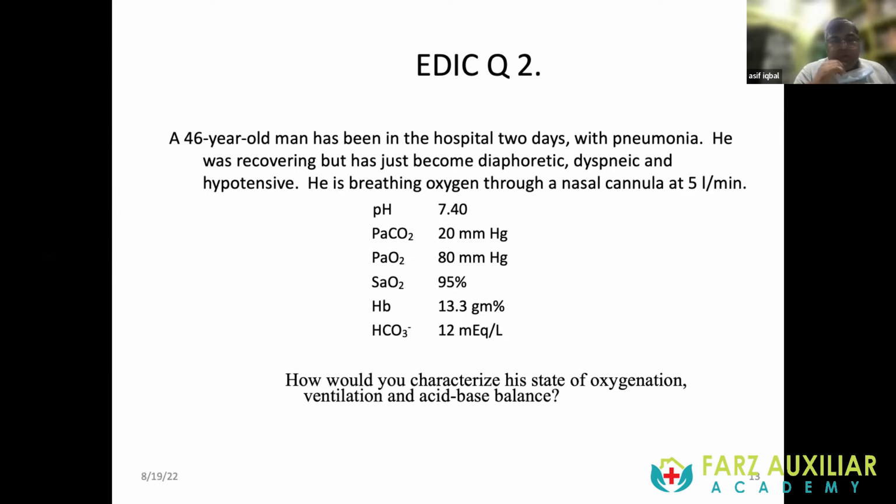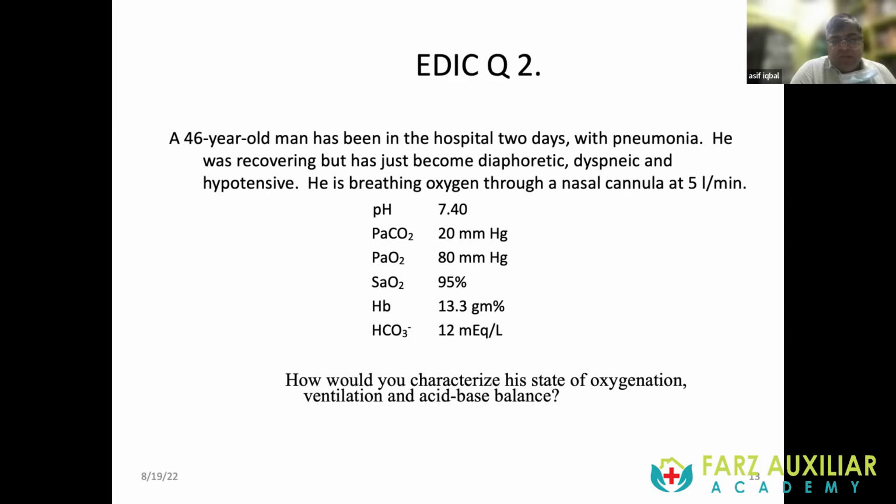The ABG shows pH is 7.4, PaCO2 is 20, PaO2 is 80, SaO2 is 95%, hemoglobin is 13.3 gram, bicarbonate is 12 milliequivalent. So how would you characterize his state of oxygenation, ventilation and acid base balance?